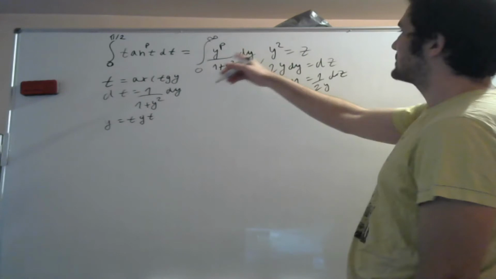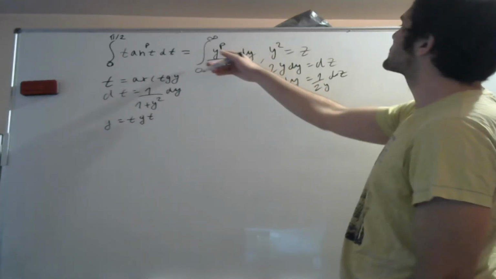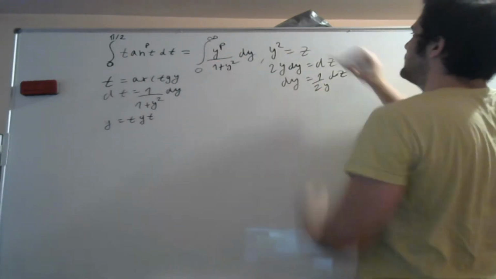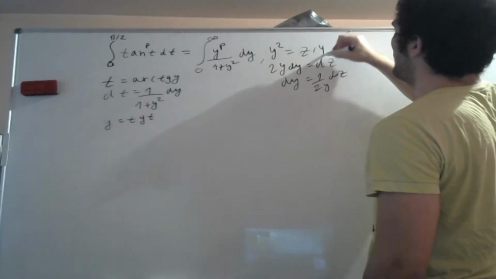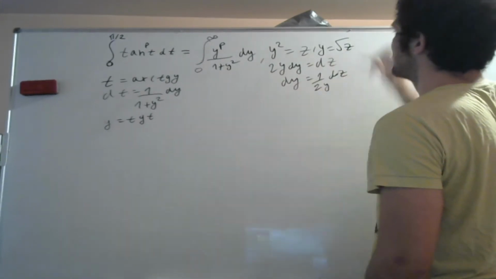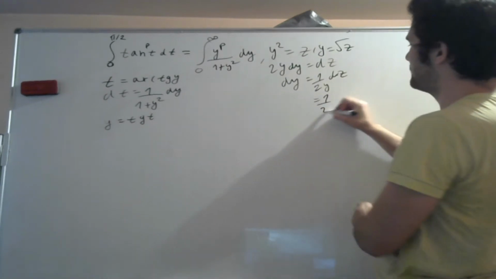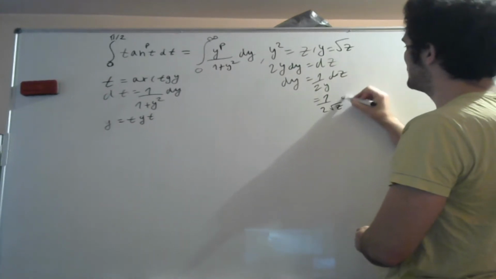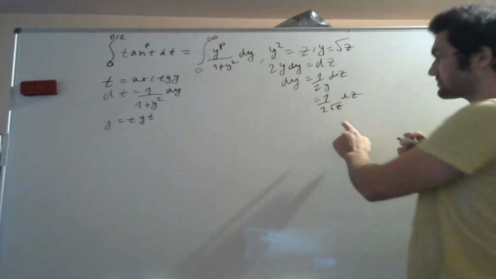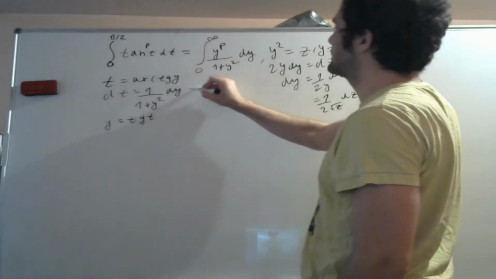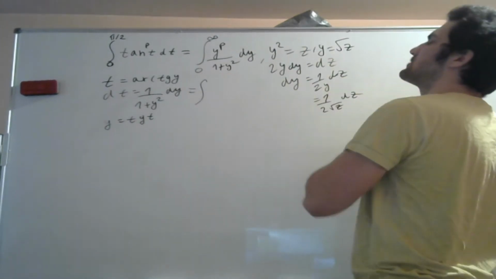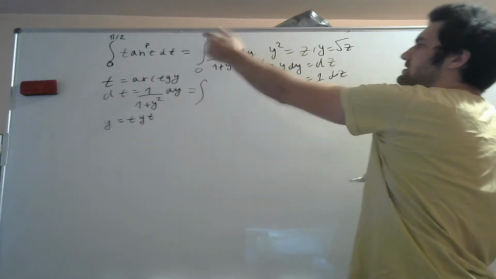We need it in terms of y, since we have y here, so we can solve it: y equals square root of z, and dy is 1/2 square root of z dz. When we plug it all back in, the boundaries stay the same: 0 to infinity.